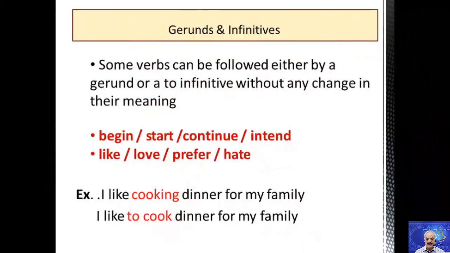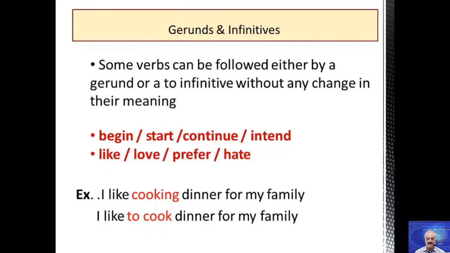Gerund plus infinitive. Some verbs can be followed either by gerund or a to infinitive without any change in the meaning, like begin, start, continue, intend, like, love, prefer, and hate.